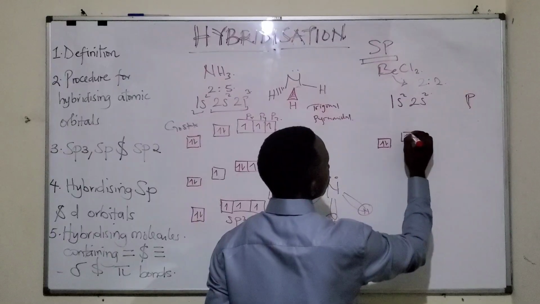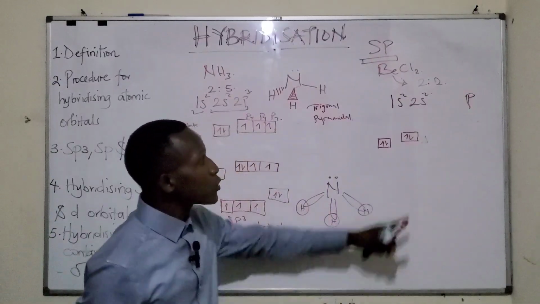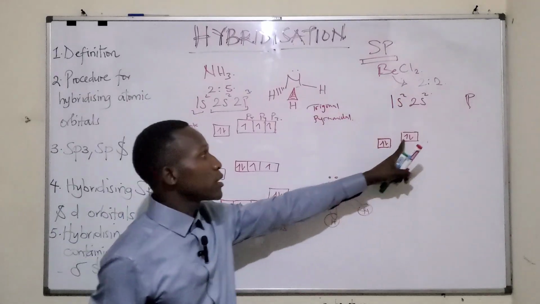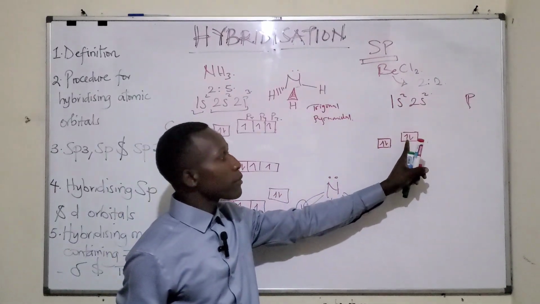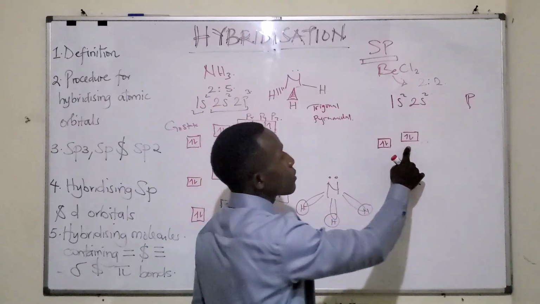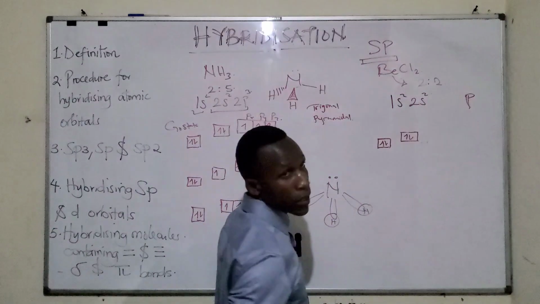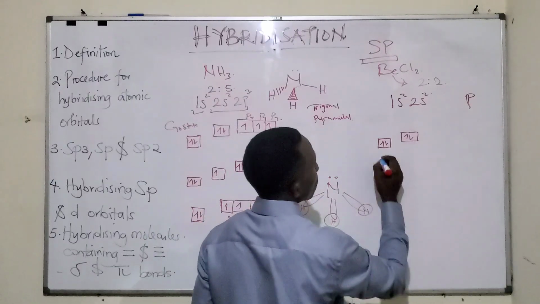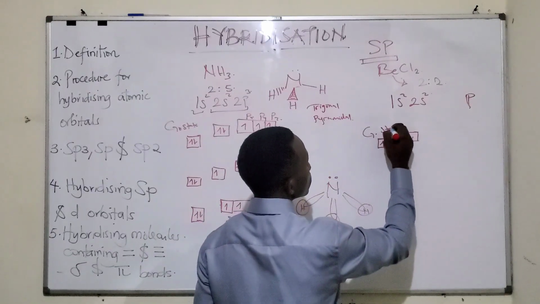We shall have this. But we need to react beryllium with chlorine to form bonds. But here we have already a pair. We have 2 electrons, but we need them to be separate so that they can form bonds with chlorine. So this is the ground state.